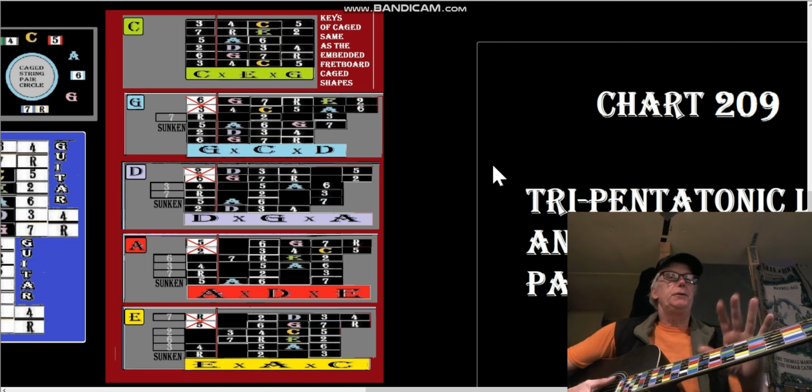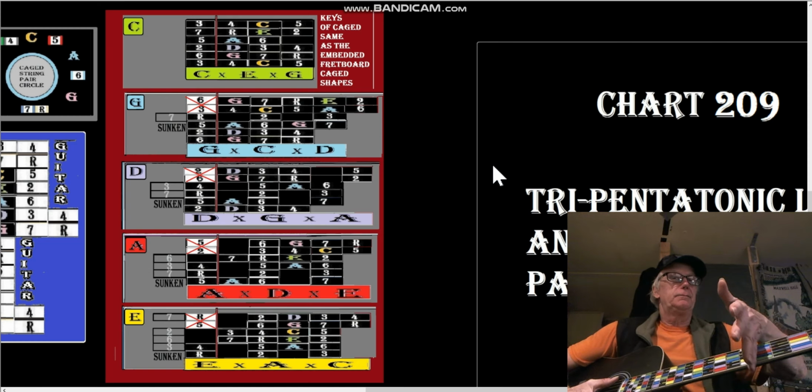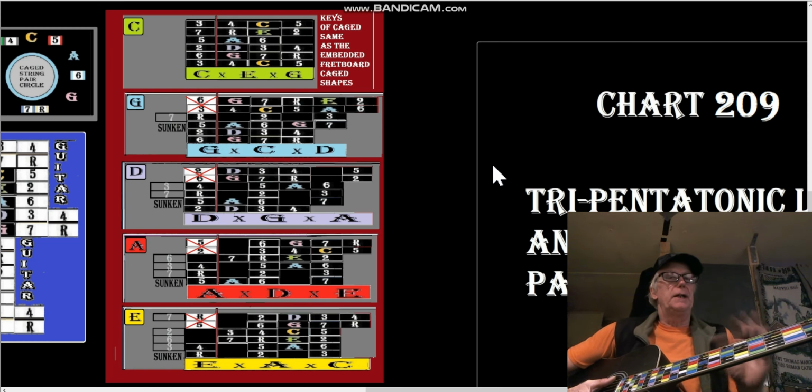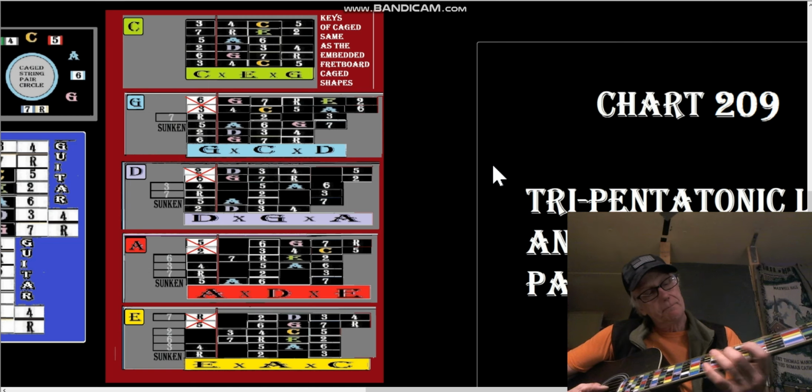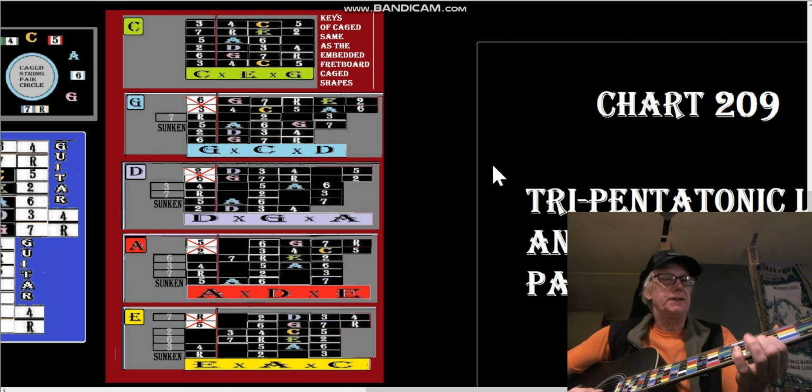We can't do that with the fret nut there. So that's a problem. Now G, looks like we could get most of G, but we can't get the F sharp.